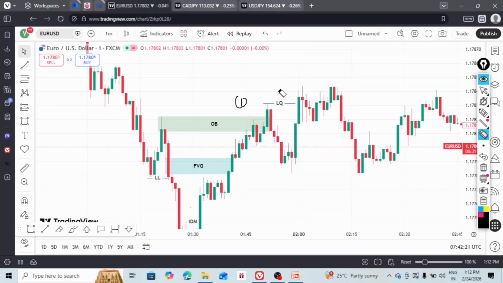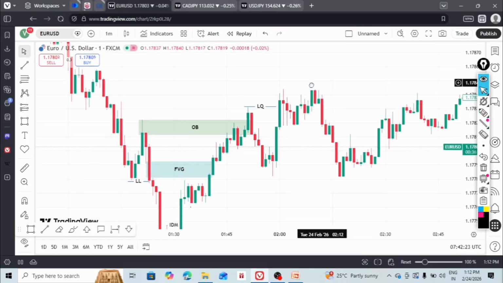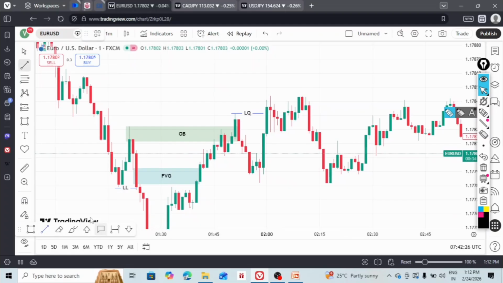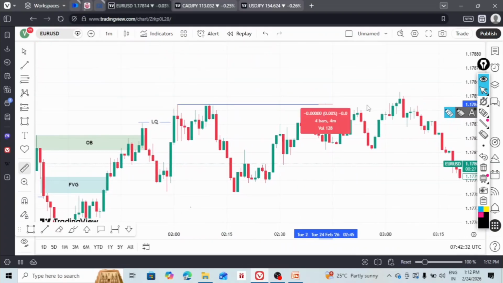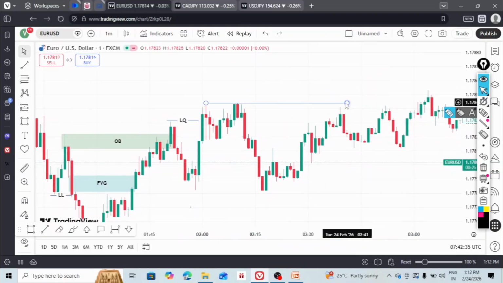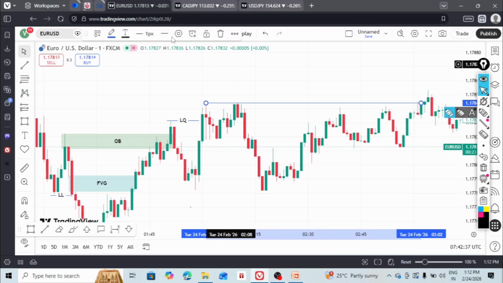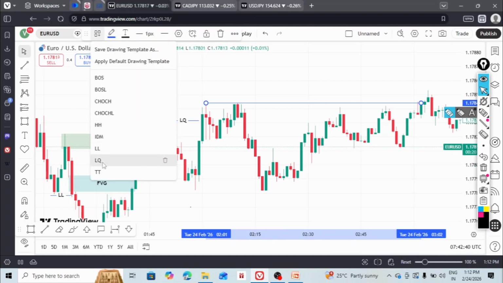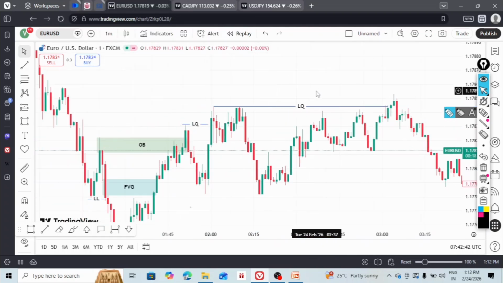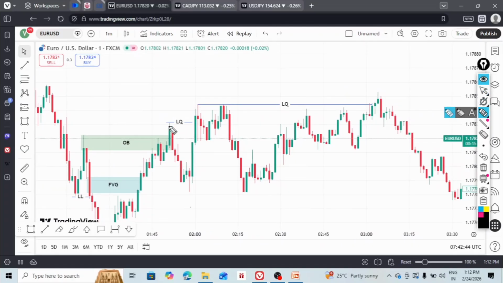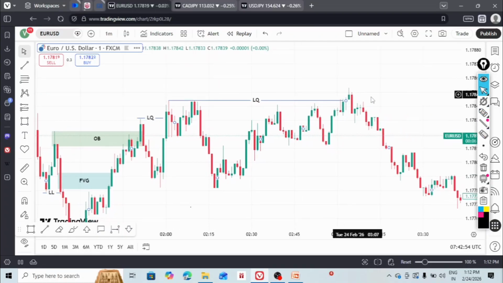Okay, let's see. Liquidity. So here you see one time swept, two times swept, three times swept, and after three times swept, let's see how the market is reacting.